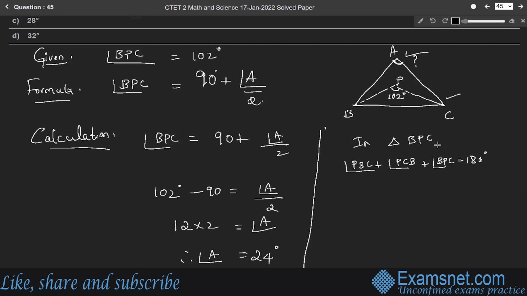So angle PBC is half of angle B because BP bisects angle B, plus half of angle C, plus BPC, which is 102 degrees, is equal to 180 degrees. Therefore, half of (angle B plus angle C) is equal to 180 minus 102, which is 78 degrees.